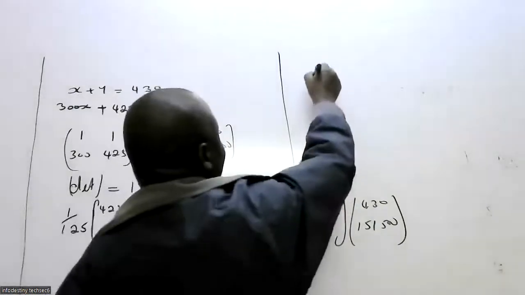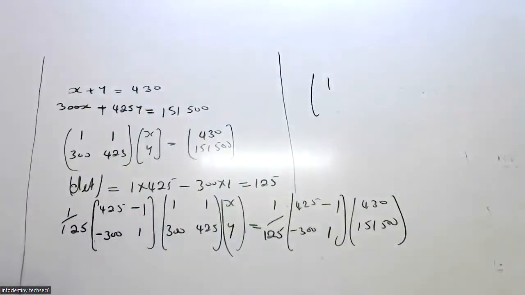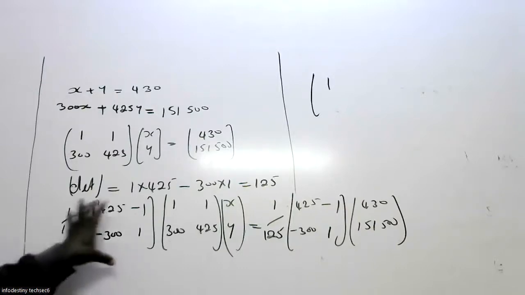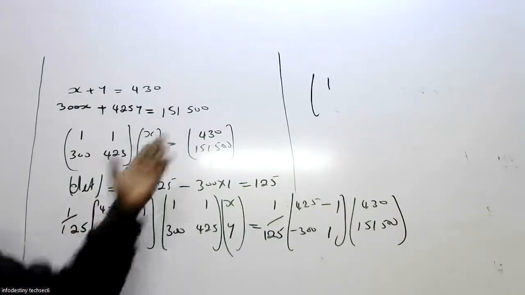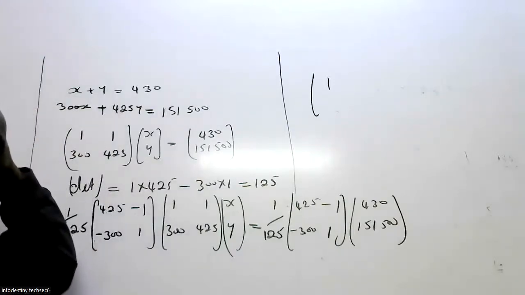So we are going to have 1. Like that, identity, like 1, the number, then 0. Yeah, if you know how to get the inverse, you just go and write that identity matrix there without even calculating.